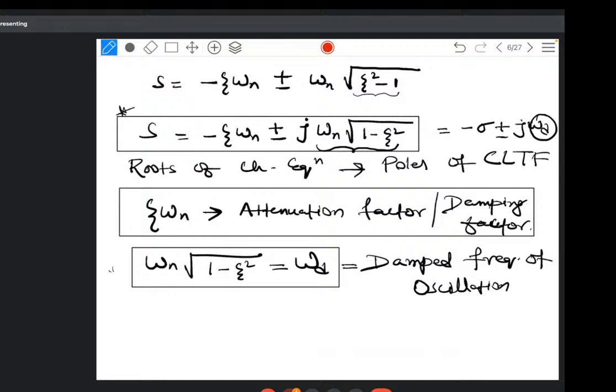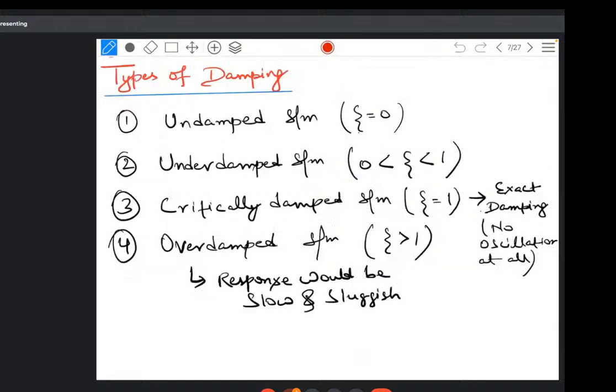Now, how many types of damping are there? So depending on the value of zeta, the types of damping can be classified as undamped system, underdamped system, critically damped system, and overdamped system. You can see the value of zeta here. Okay, so for undamped system, zeta will be equal to 0.